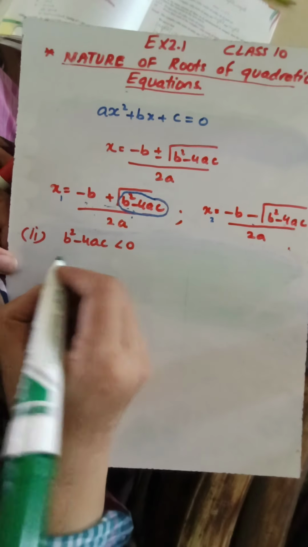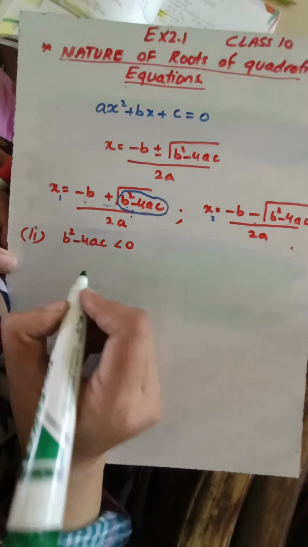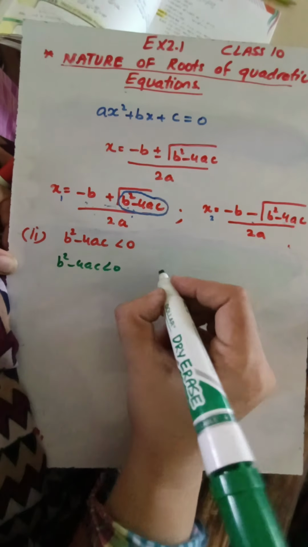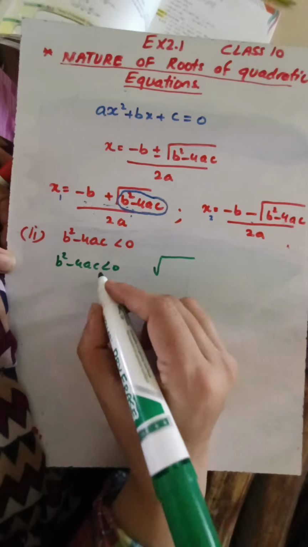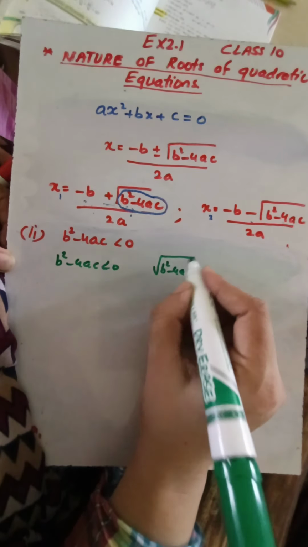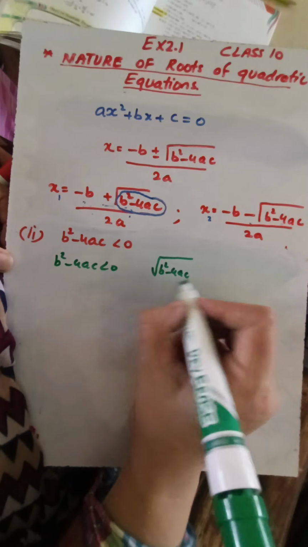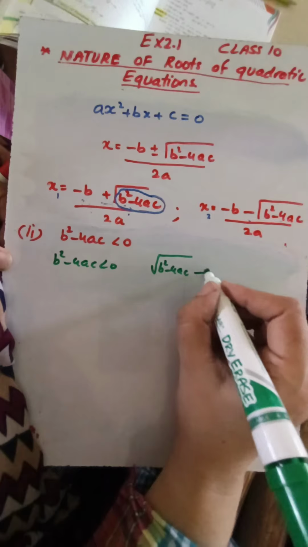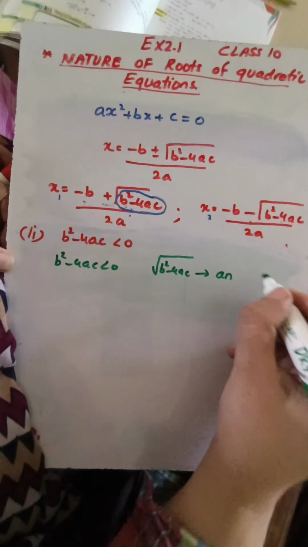Will it be real? If we have a negative number under the radical sign, then this will obviously be equal to an imaginary number.